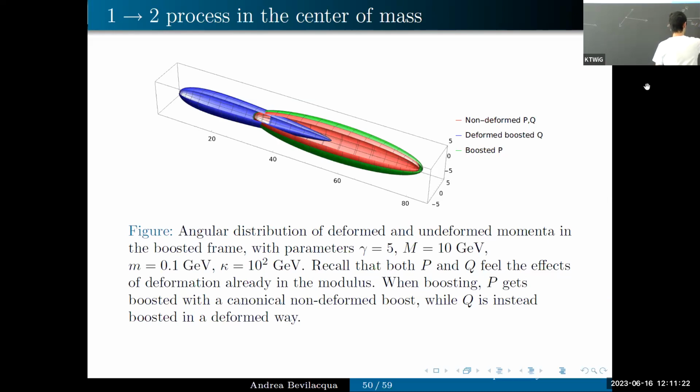This is the boost. And this depends on the direction, so the modification depends on the direction which Q has at the beginning. So the two particles, not particles and antiparticles, but the first and second in a tensor product, get a different boost. Of course, this begs the question: can you actually measure what is the first and the second in a tensor product?